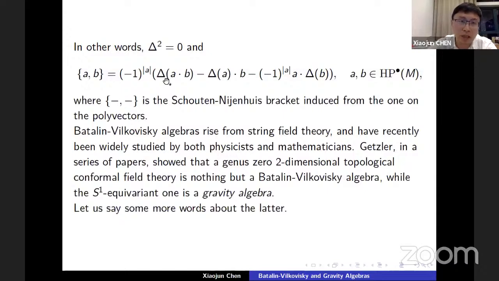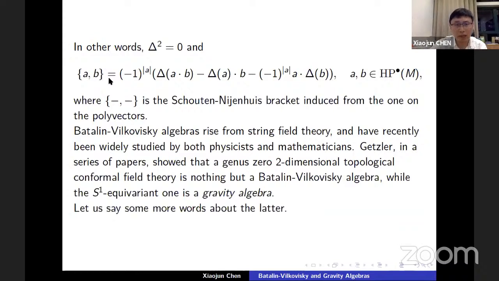Suppose I consider delta of a dot b minus delta a dot b minus, up to a sign, a dot delta b. If this term is 0, it means delta satisfies the Leibniz rule. But in general, this is not necessarily the case. So if we define the bracket to be the deviation from being a derivation, then it's a derivation for both arguments, both for a and b.